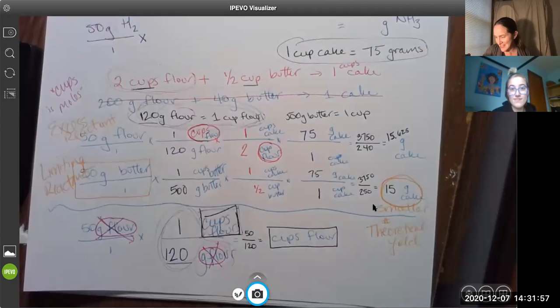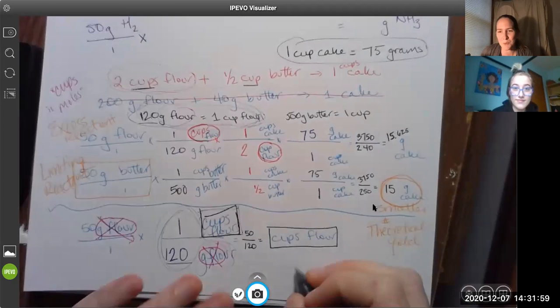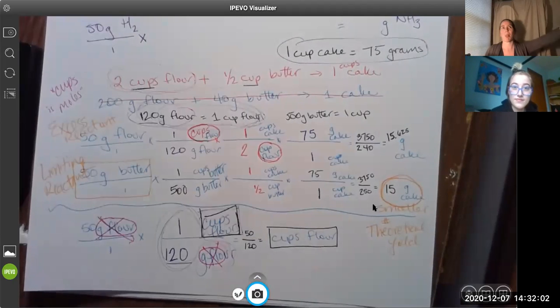And your question would say the actual yield is 12 grams, whatever. It's in the question. Don't overthink it. That's the actual yield, like making a smaller cupcake or a bigger cupcake.